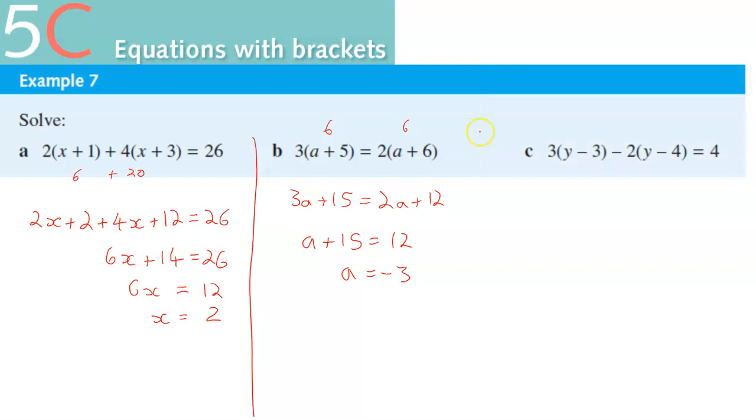Finally, let's have a look at a question with some negatives. So again, I'm going to start by expanding the brackets. 3 times y. Now this is 3 times negative 3, so it's going to be subtract 9. And I'm subtracting between my brackets as well. So to be careful, I'm going to write subtract, then 2 times y, 2 times negative 4.